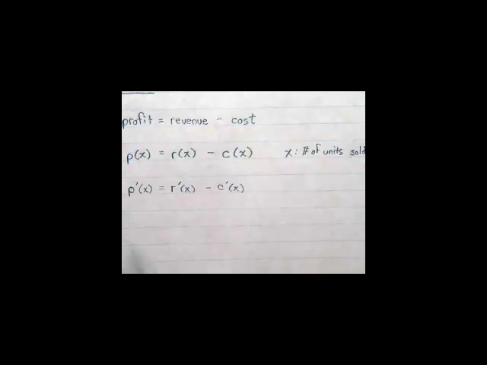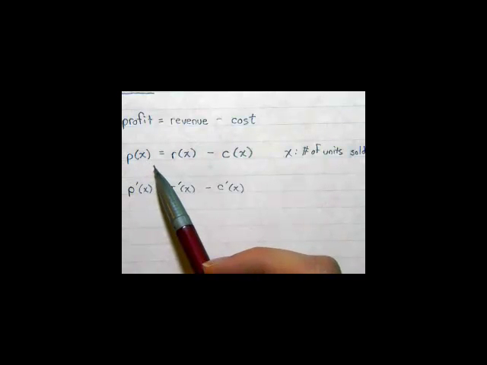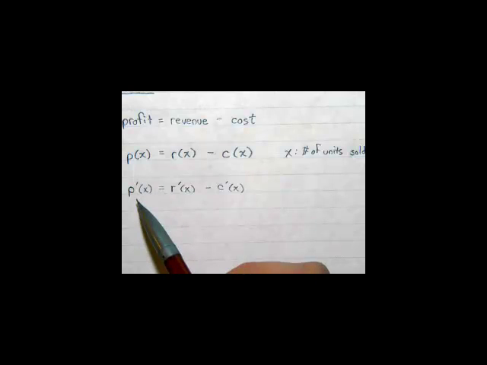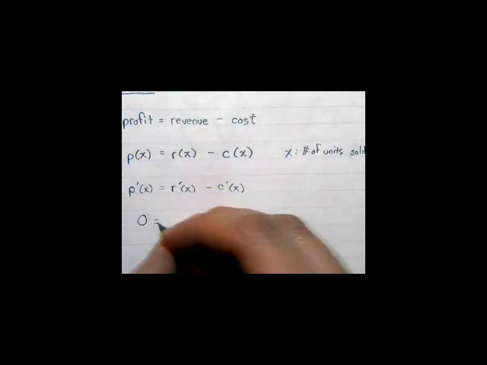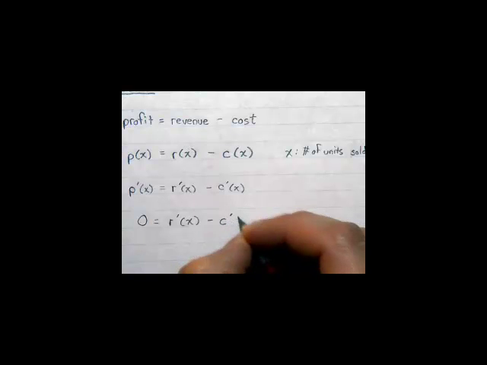Now, what do we want to be true about profit? We want to do what to profit if we own a business? We want to maximize the profit. What should be true about P prime then? We want P prime to be what? 0. Okay? If we're going to maximize profit, that's got to be P prime 0. So 0 equals R prime minus C prime.